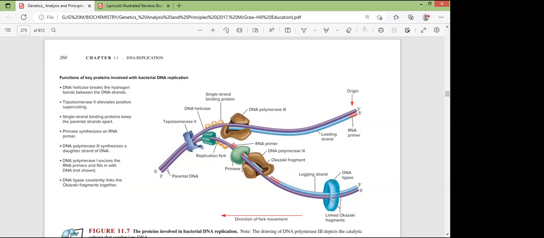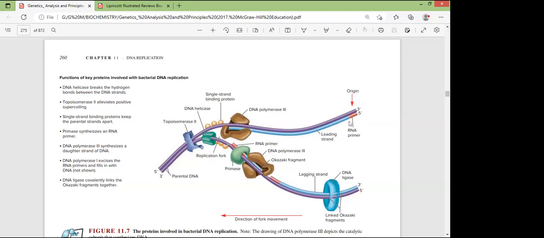So here's your DNA polymerase. It has moved from here, which is why we call this the origin of replication. This is where replication starts. It's making DNA because of the parent strand; we call this strand the parent strand, and the new strand is the daughter strand. So this daughter strand here, because the parent is in a 3' to 5' direction, the daughter will be in 5' to 3'.